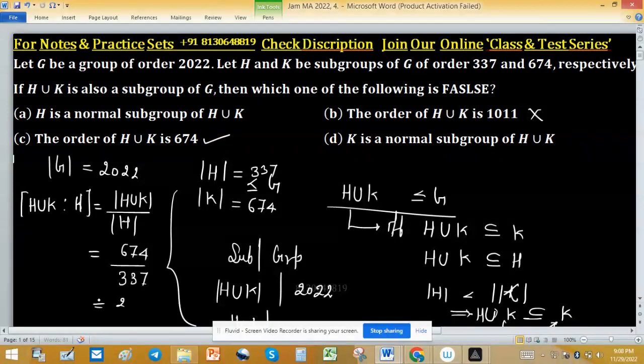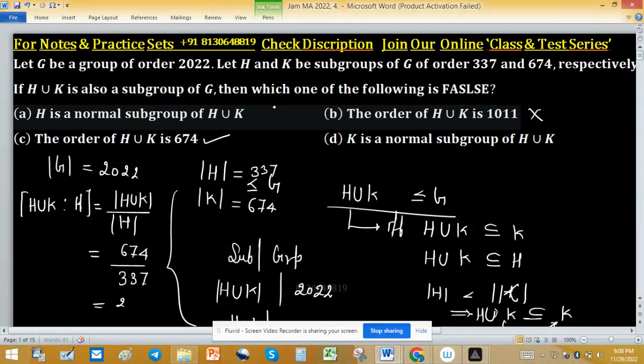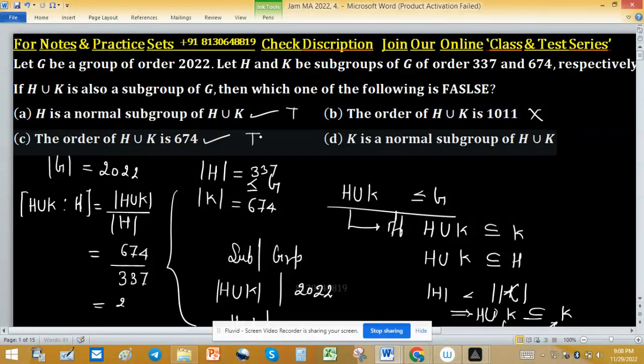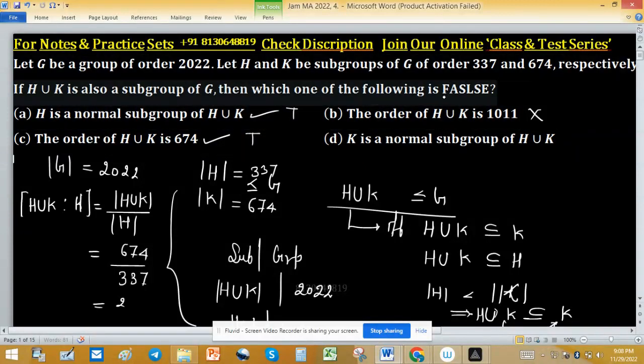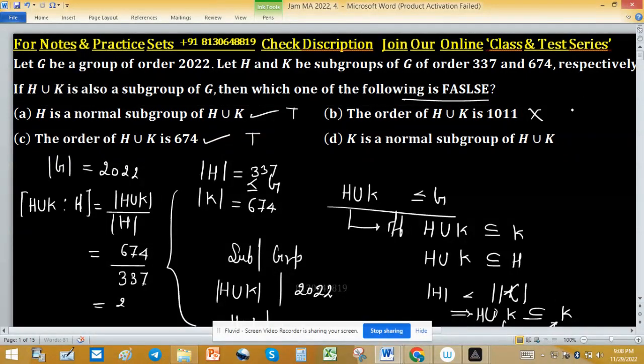If the index is 2, then we say that the subgroup is normal. So this is true, option C is true, and the question is asking which one is false. So option B will be the key for this problem.